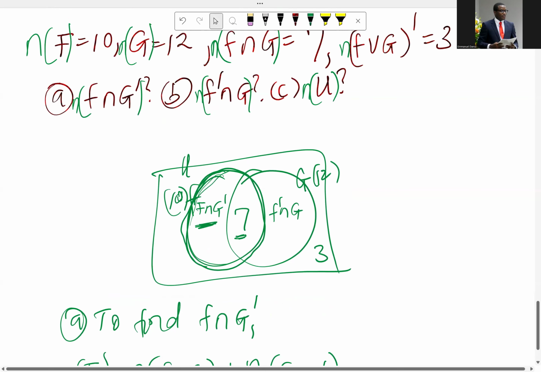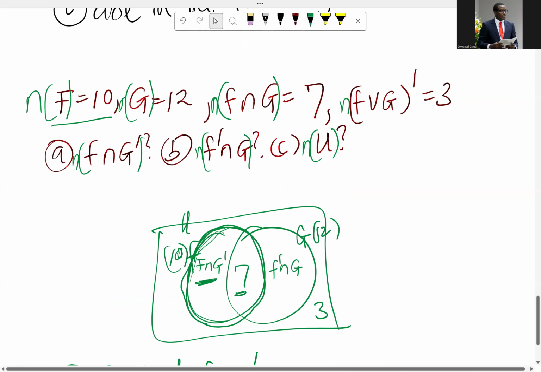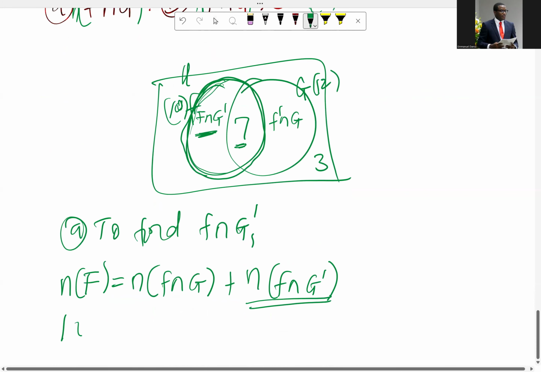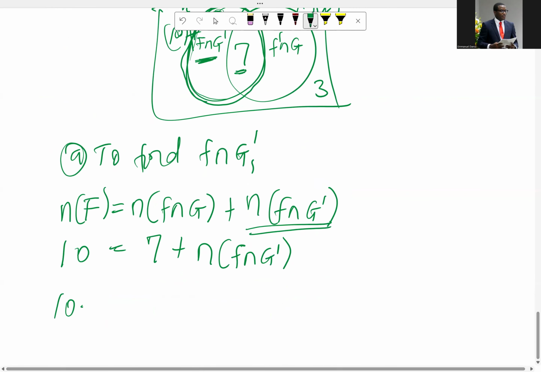And the cardinality of F from the question is already 10. That's the number of elements. So 10 equals those who play both flute and guitar, 7, plus the cardinality of F intersection G prime. So that means 10 minus 7 is equal to the cardinality of F intersection G prime.